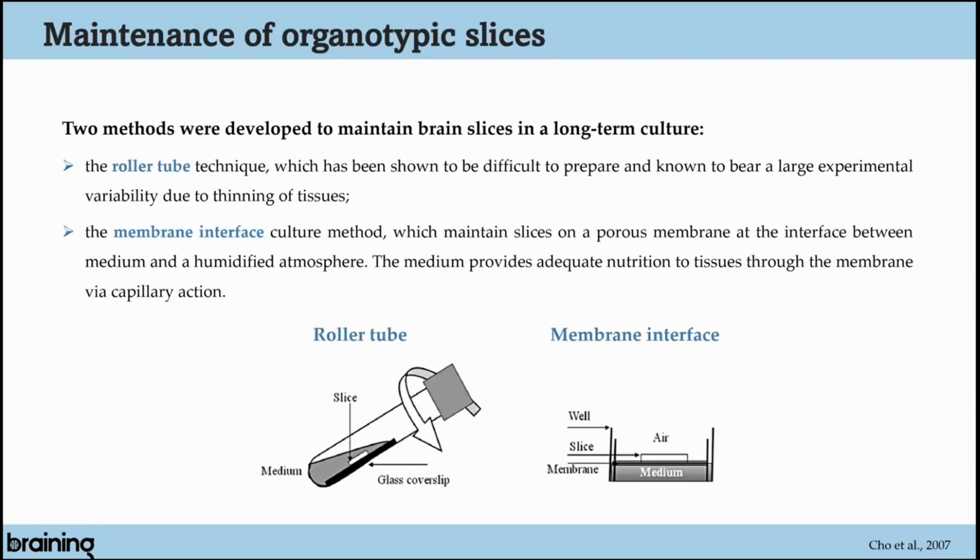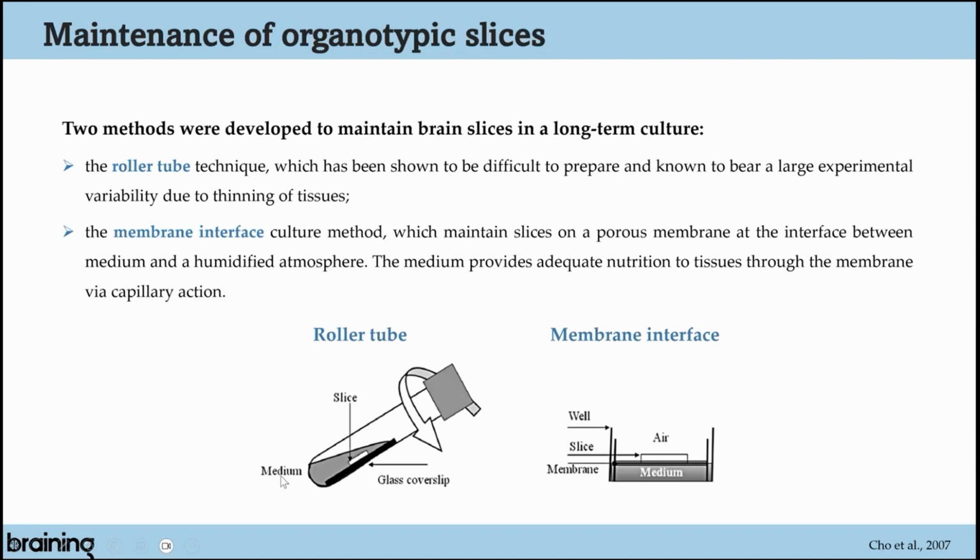Organotypic slices exist for quite some time. They've been studied for a long time, and in the beginning they were maintained in a roller tube system. Like I have here in the drawing, slices were kept on a glass cover slip.